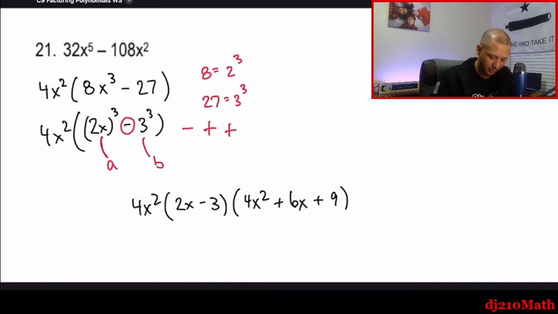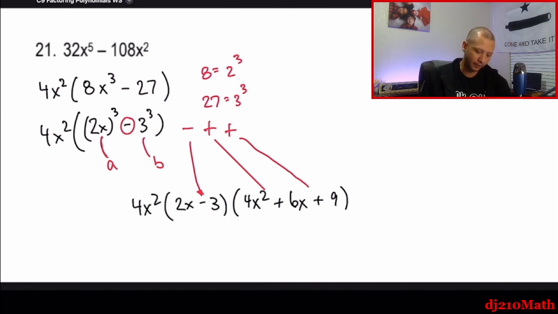So again, note, minus, plus, plus. Okay, checking the trinomial, 4 times 9, 36. I want things to multiply to 36 and add up to 6. 2 and 18, nope. 3 and 12, didn't add up to 6 though.